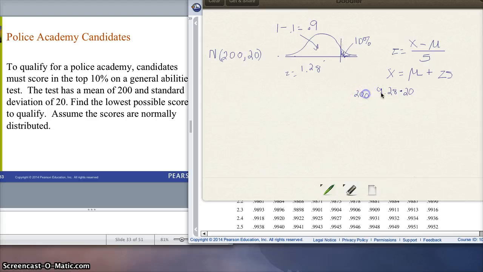And that'll tell me what my x is. That gives me an x of 225.6.